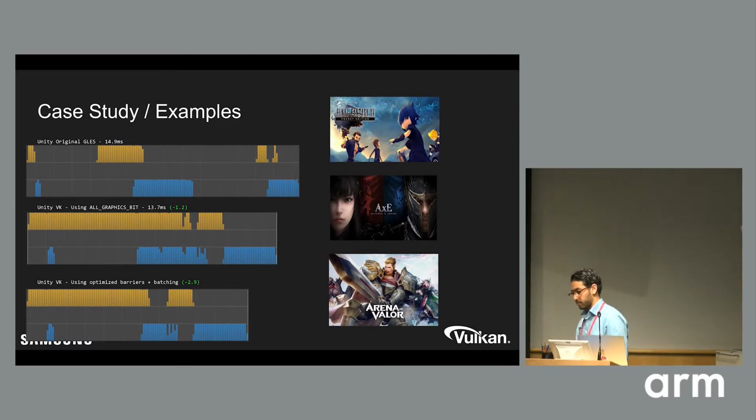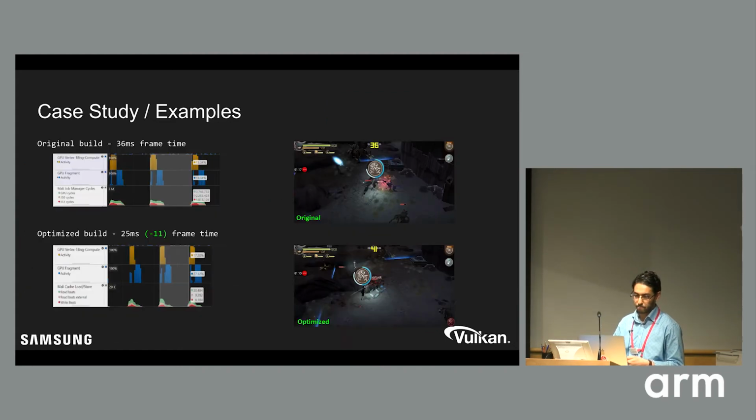The original implementation, OpenGL ES, based on our capture, was running at 15 milliseconds. Porting that to Vulkan with all graphics bits, so that's the stage masks in the pipeline barriers, was faster than OpenGL ES, but still not as good. And then optimizing that, batching has reduced frame time even more. And that's Final Fantasy 15, Pocket Edition.